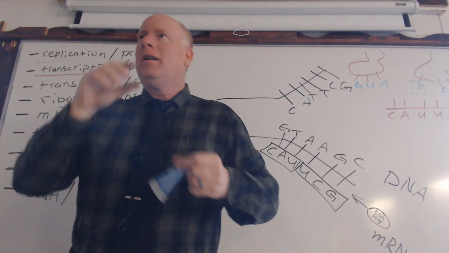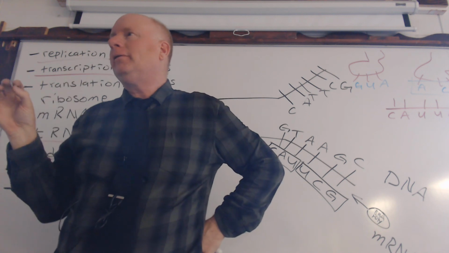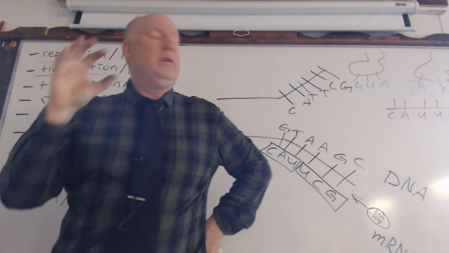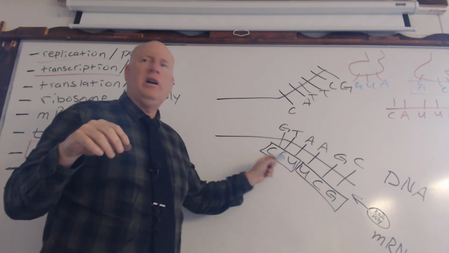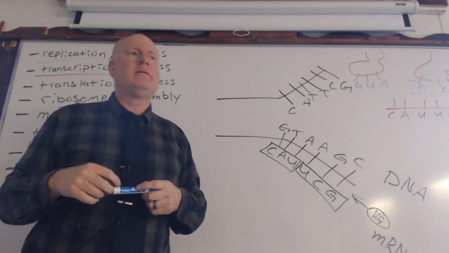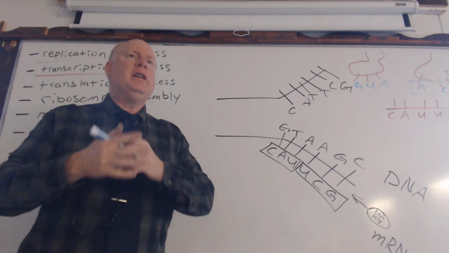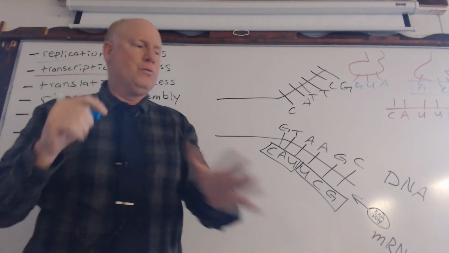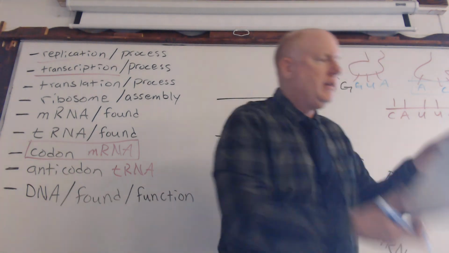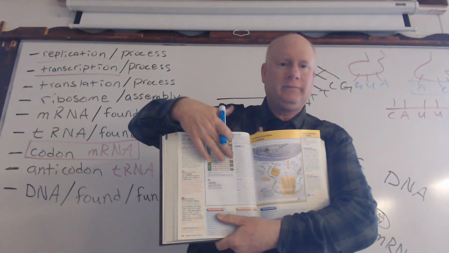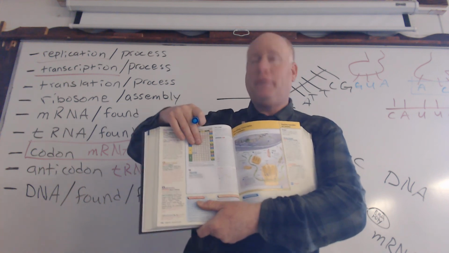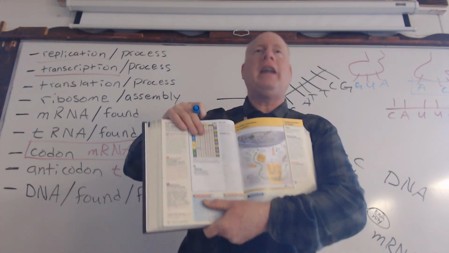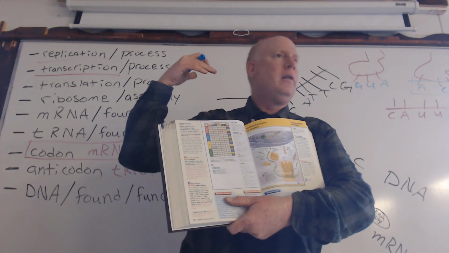Okay, so do you think you can name these two amino acids with the table? Is there any confusion on how to read this table? Because if you're nodding your head yes, that we understand this, that means we're done.